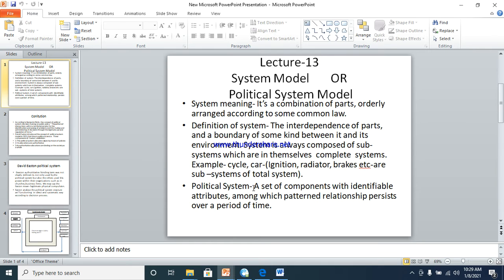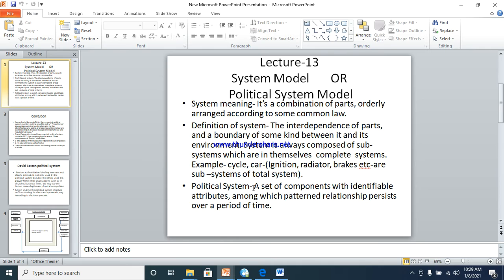This definition of system applies to all the systems of the world.